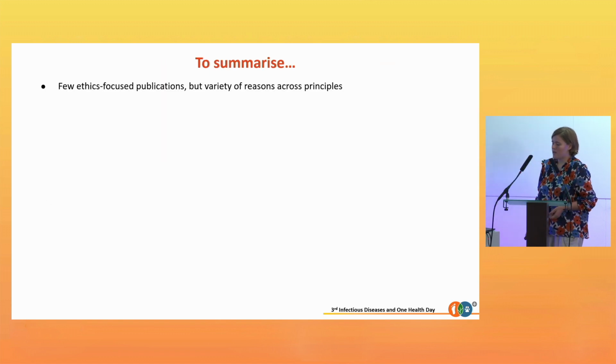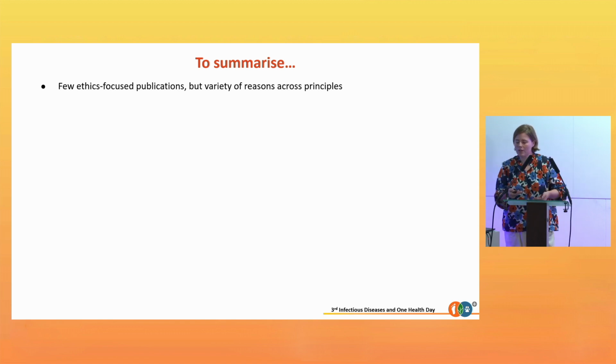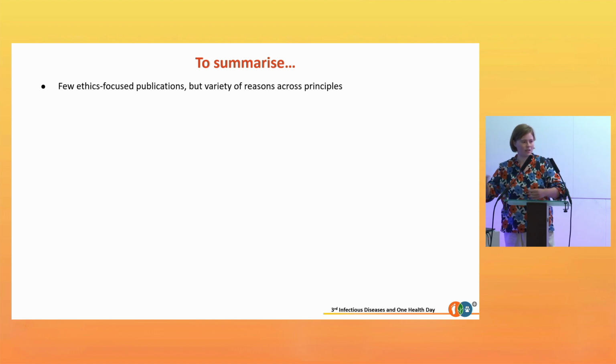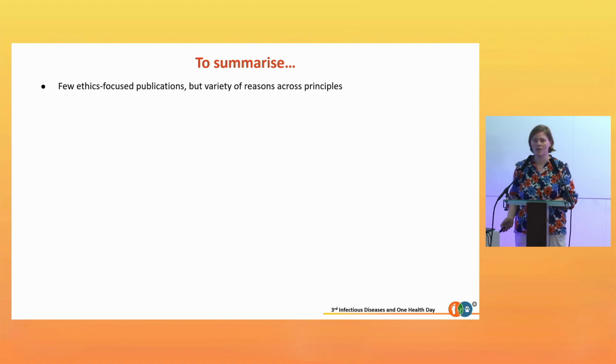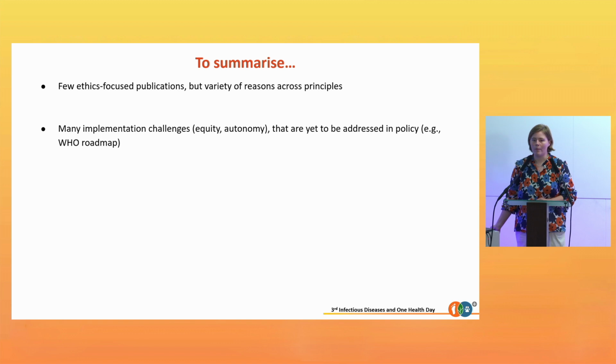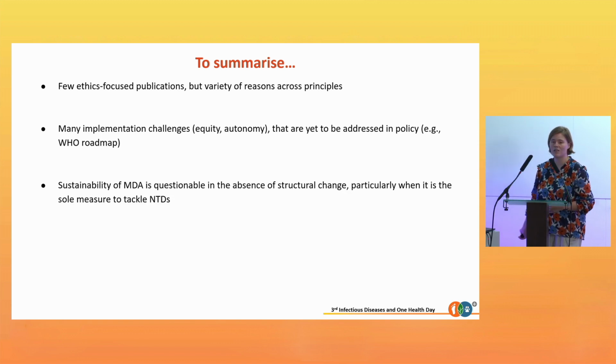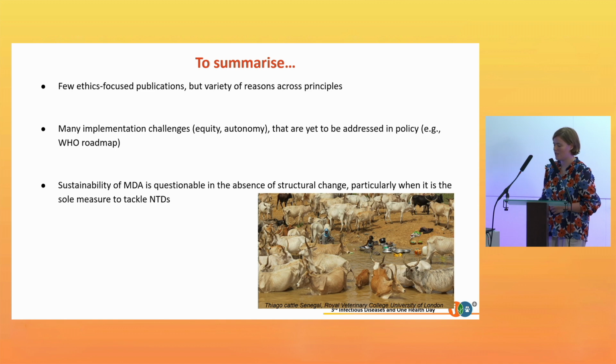So to summarize, we found very few ethics-focused publications, but there were a variety of ethics topics addressed in publications and across ethical principles. There are many implementation challenges that are yet to be addressed in policy. Sustainability of MDA is questionable in the absence of structural change, especially when it's the only measure to tackle NTDs.